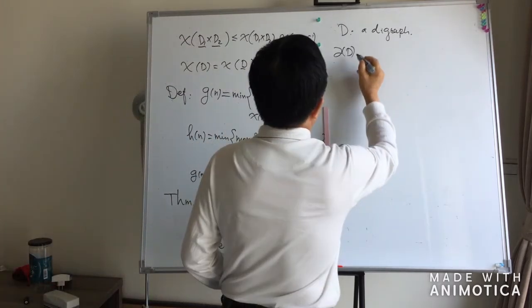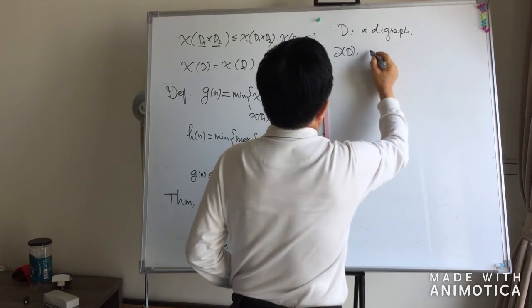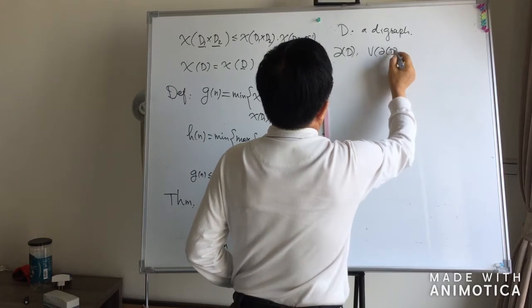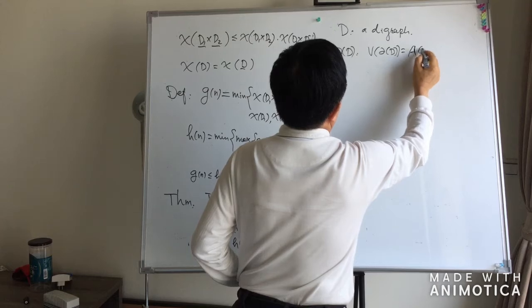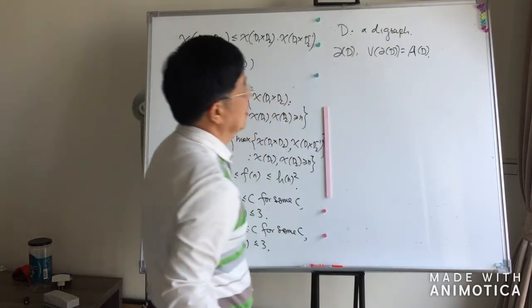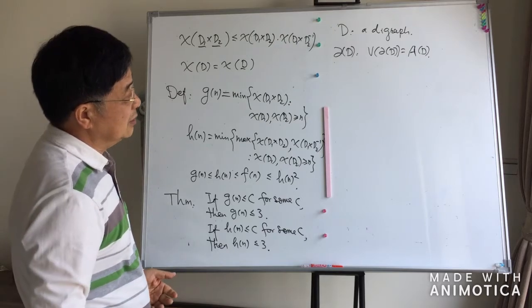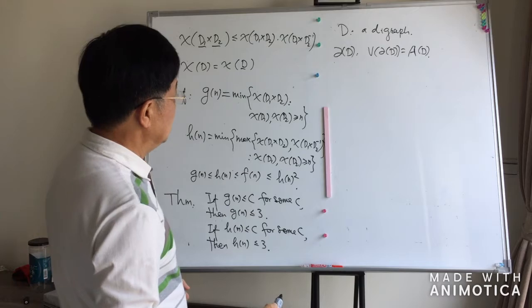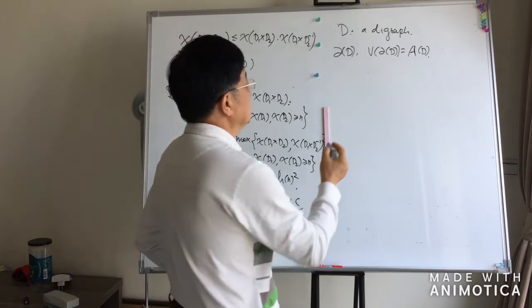Okay, the vertices are arcs of this graph. The vertices of this graph are the same thing as the arc set of D. Okay. And there's a directed edge from one arc to another if and only if they are consecutive arcs in D.